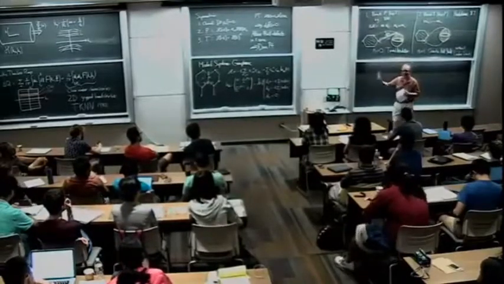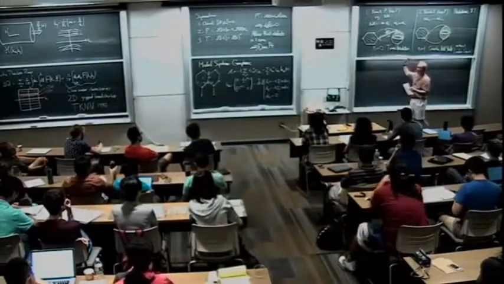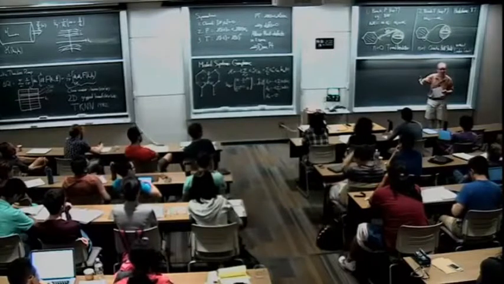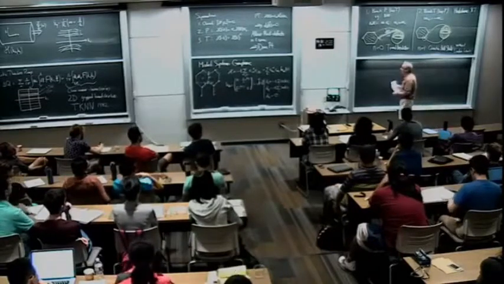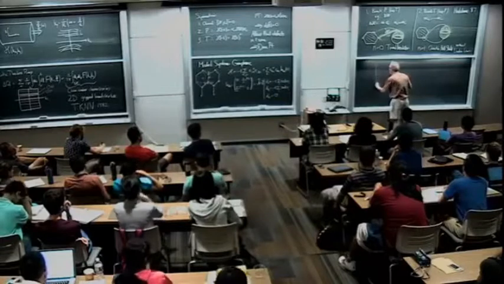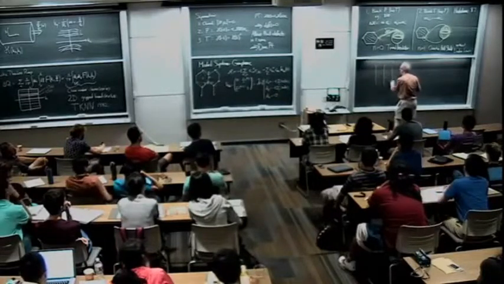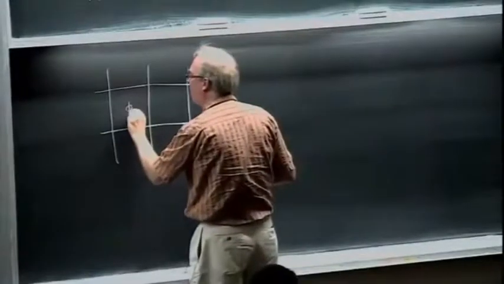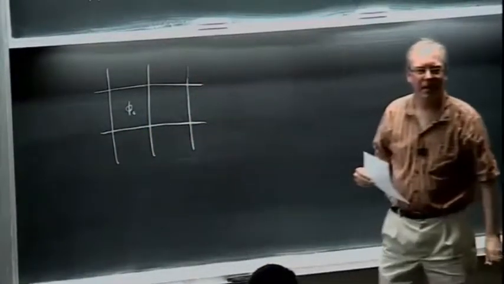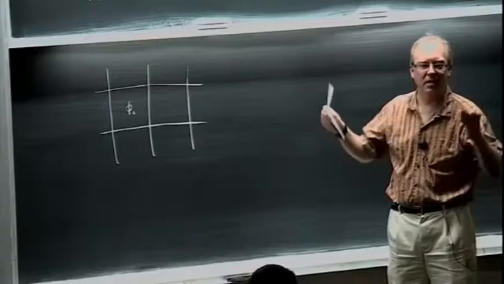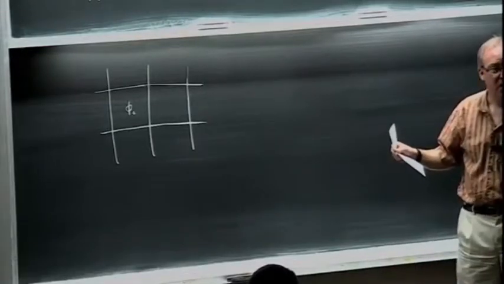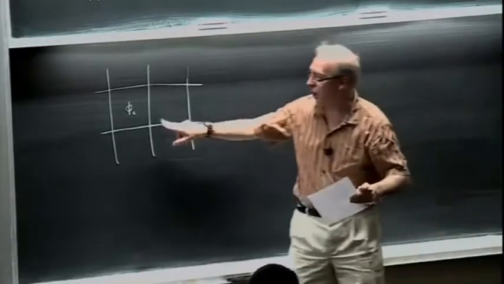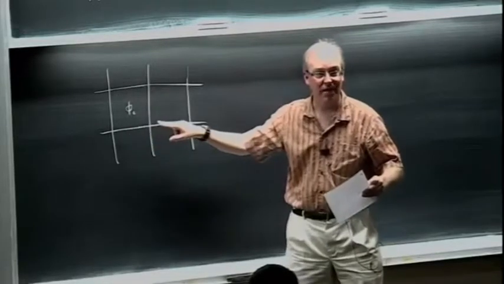But let's imagine that I'm doing the Landau level problem, and I just draw an artificial lattice that has a unit cell that encloses a quantum of magnetic flux. So I choose my unit cell to be exactly the right size that there's a quantum of magnetic flux in the lattice.